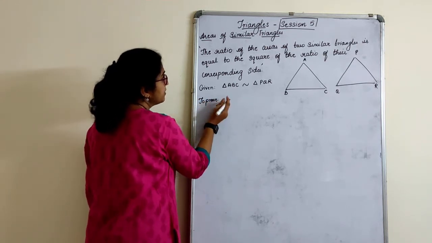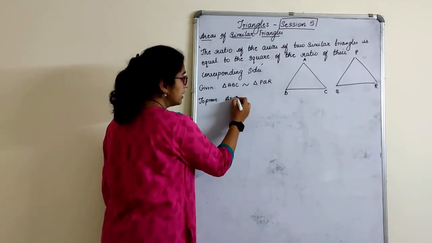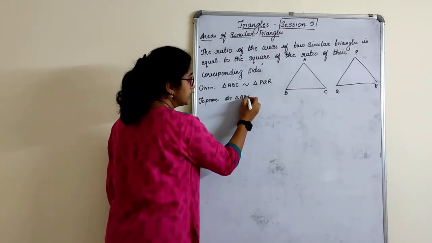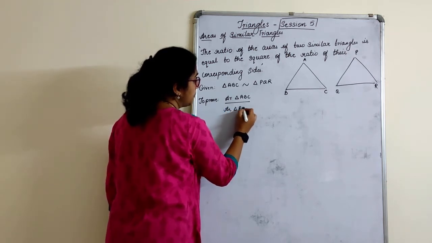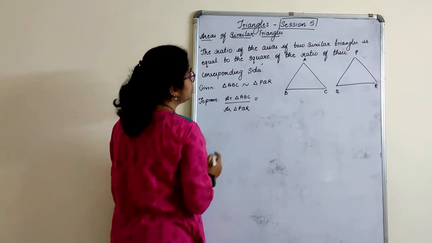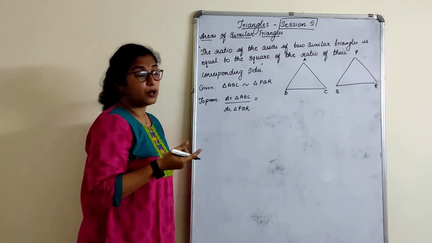We have to prove that the ratio of the areas of two similar triangles, that is area of triangle ABC to area of triangle PQR, is equal to the square of the ratio of the corresponding sides.